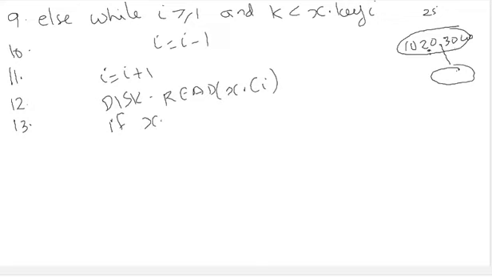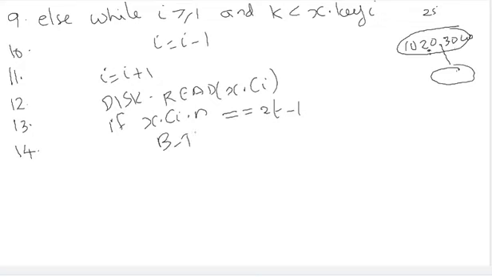Clear? So which means we can call B-tree split child x comma i, because again split child is called for this x. x is our node, and we are talking about the ith child of x. We are trying to split the ith child of x. This is the meaning.